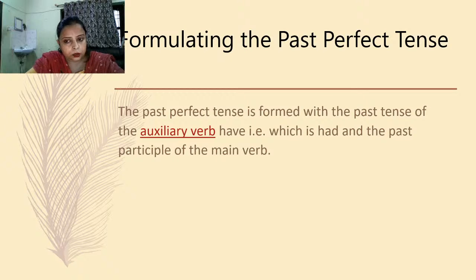So here also, children, please note, the past perfect tense is formed with the past tense of the auxiliary verb have, which is had, and the past participle of the main verb.